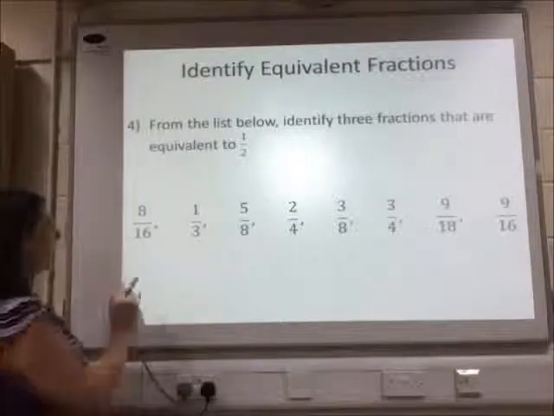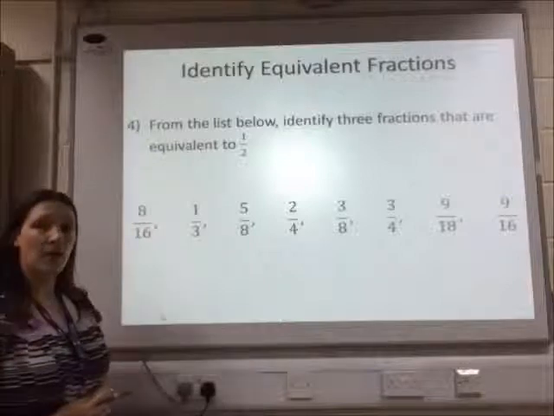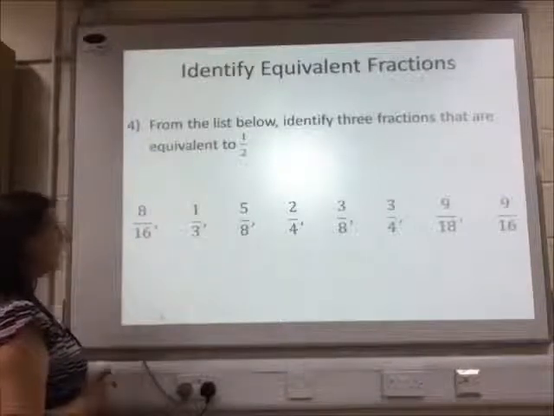a simpler format? Well, both 8 and 16 are in the same times table. They're in the 8 times table.